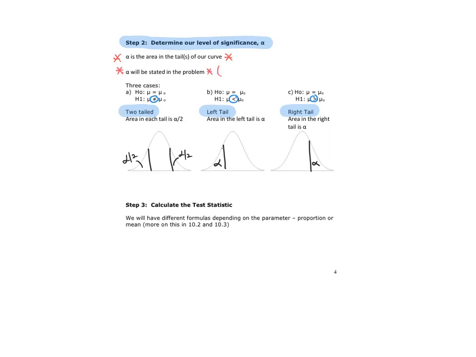If for some reason it's not, you'll use alpha equals 0.05. The third step is to calculate our test statistic. We're going to have different formulas for the test statistic depending on the parameter, so we'll learn more about those formulas in our next few sections.